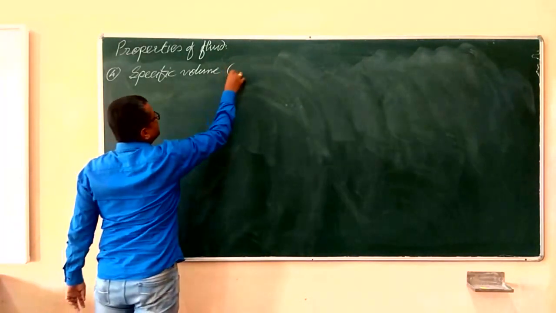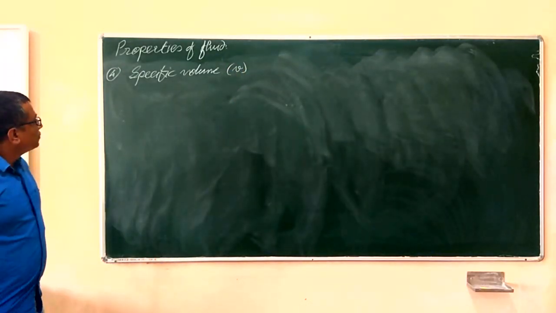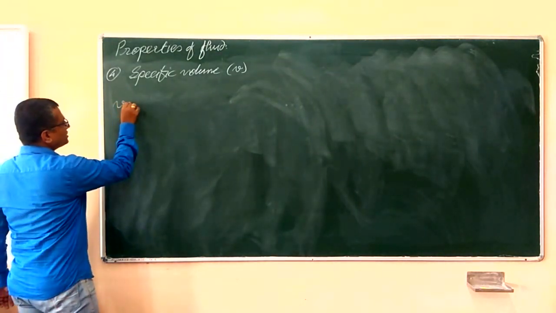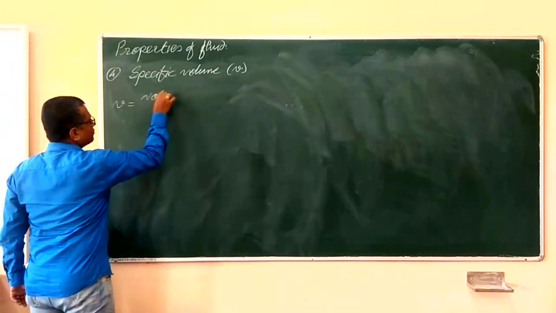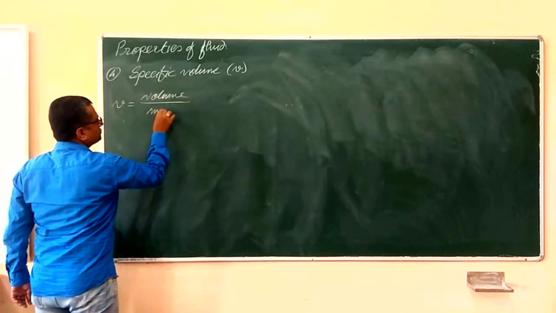Specific volume is represented by the letter small v. The term specific volume is defined as the ratio of the volume of the fluid per unit mass of the fluid.